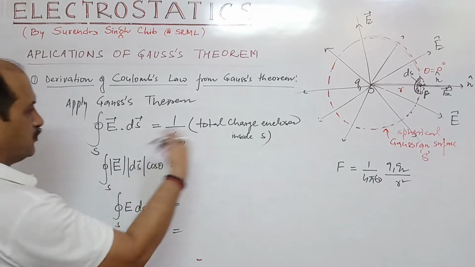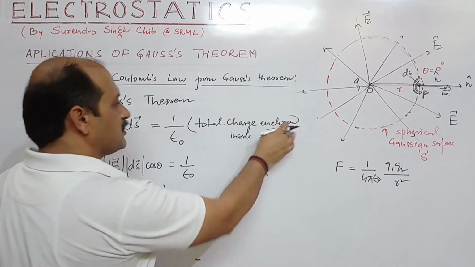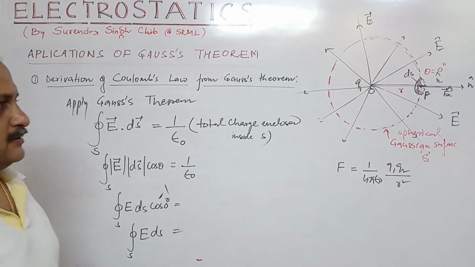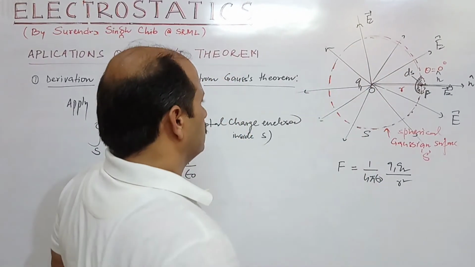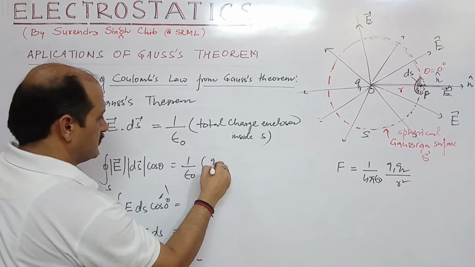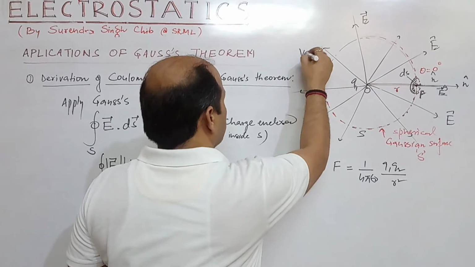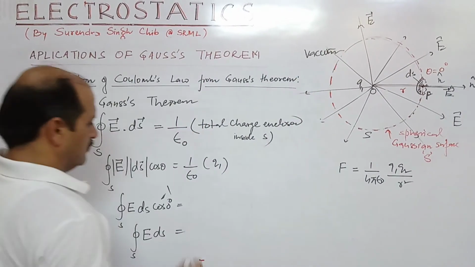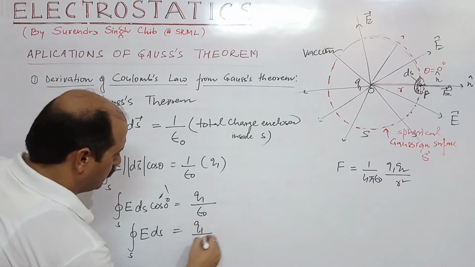Let's do here 1 upon epsilon naught. What is the total charge enclosed inside S? This is S. इसके अंदर कितना charge enclosed है? It is only one charge, that is Q1. So this is Q1 and it is in vacuum, free space. So it is Q1 upon epsilon naught.